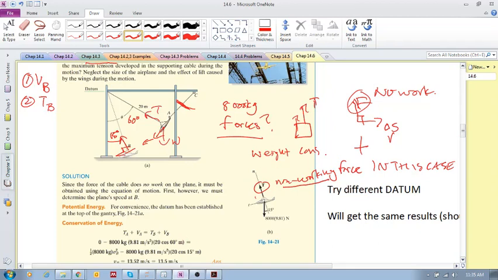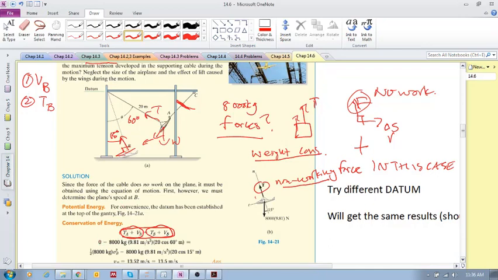So because this is non-working, and because we have a conservative force, we can use the conservation of mechanical energy. And that's what we have here. The total mechanical energy at A should equal the total mechanical energy at B. Alright, so what is the initial kinetic energy? 0.